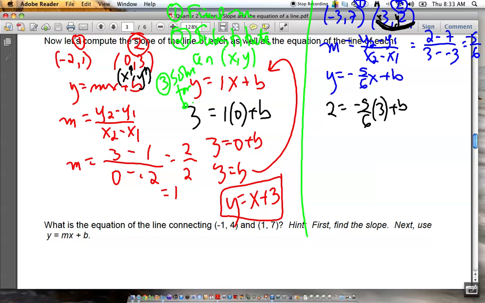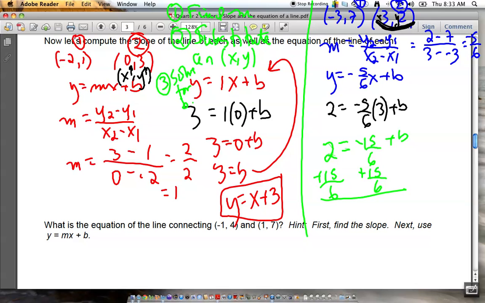And now I just have to do a little arithmetic. And it helps having the calculator for the fractions. 2 equals negative 15 over 6 plus b. Now, 5 times 3 is 15. Things reduce, but with a calculator, we don't have to worry about that. I'm going to add 15 over 6 to both sides.